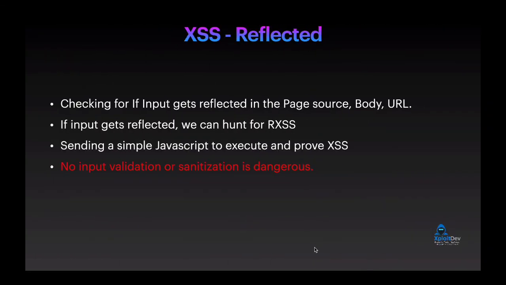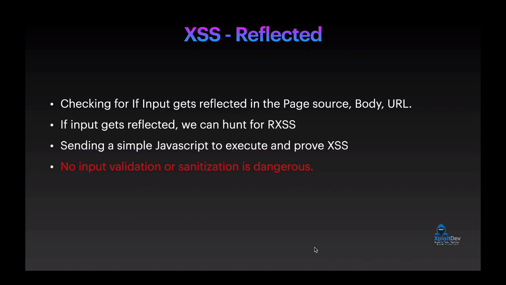So first we are going to see reflected XSS. Check if input gets reflected in the page source, body or URL. So you should check whenever you give any input into a web page that it is getting reflected in the page source, in the body or in the URL. Next, if the input gets reflected, we can hunt for reflected XSS.